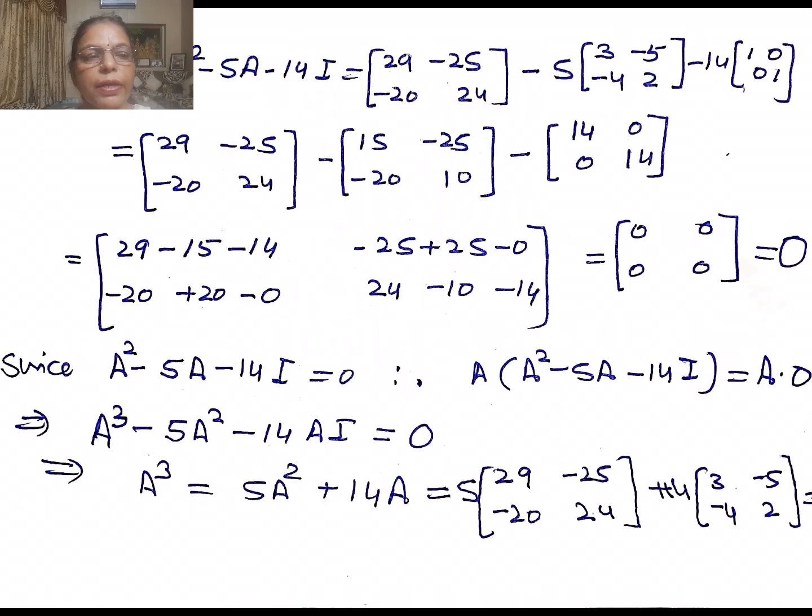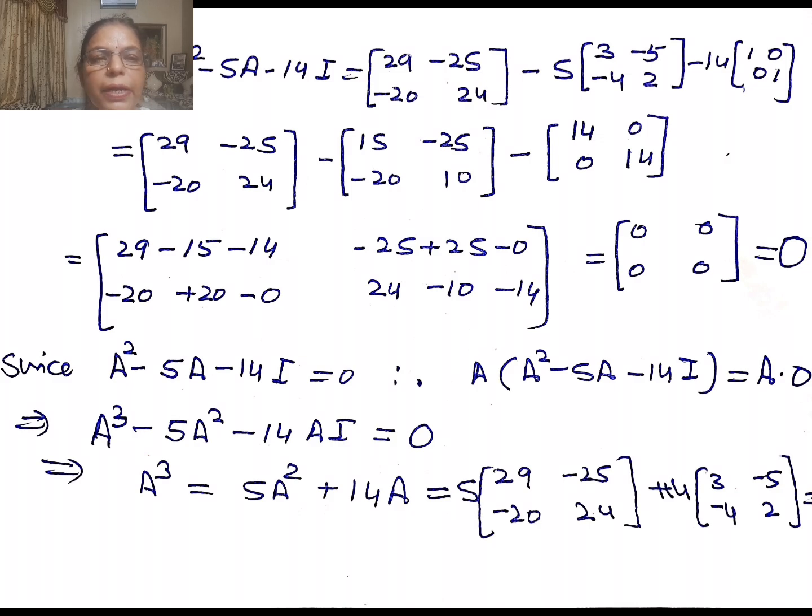Now find the value of A squared minus 5A minus 14I, that is equal to [29, -25; -20, 24] minus 5 [3, -5; -4, 2] minus 14 [1, 0; 0, 1]. Now by scalar multiplication, we get the result [29, -25; -20, 24] minus [15, -25; -20, 10] minus [14, 0; 0, 14].